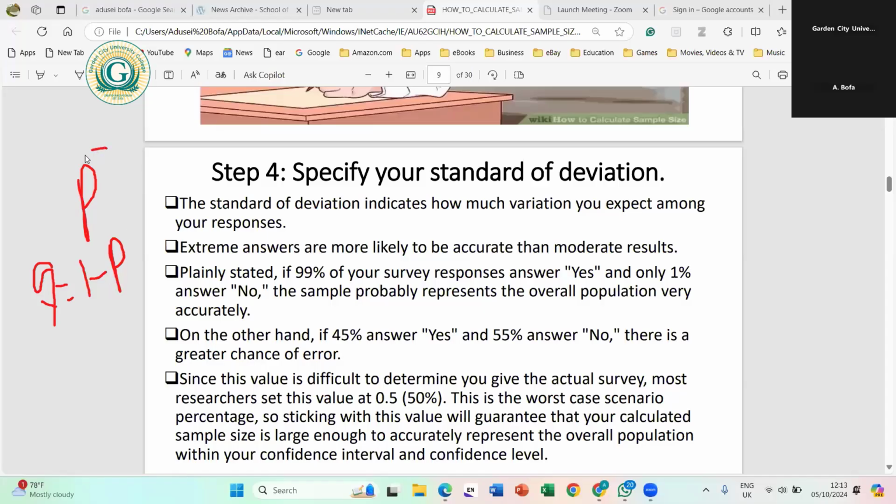So the P here always stands for those who are experiencing that phenomenon.